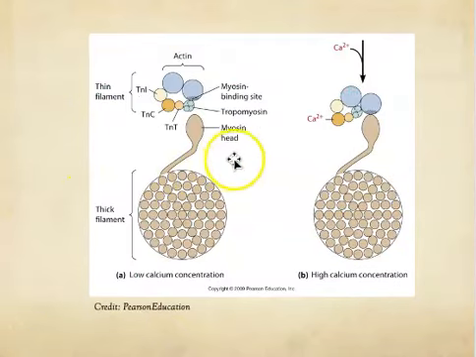That calcium then goes to work. It comes in, it binds to the TNC of troponin, causes the whole troponin molecule to change shape. That pulls the tropomyosin away from the binding site. As long as there's ATP around, the myosin heads are going to start forming cross bridges. The sarcomere is going to start to contract.